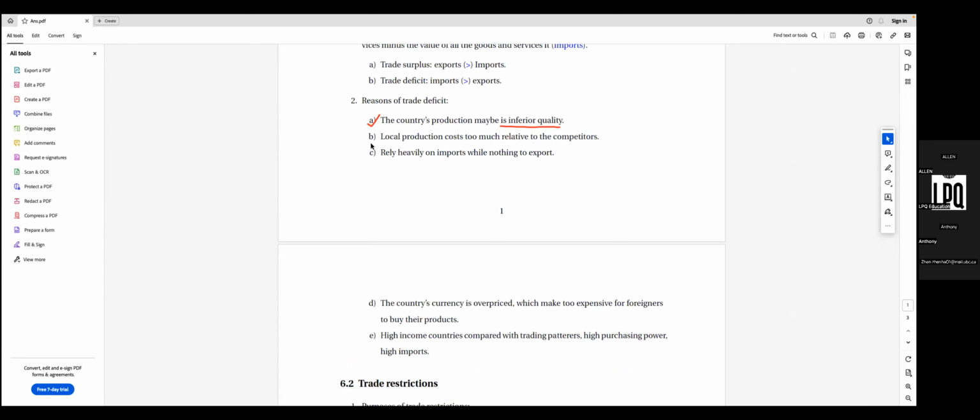Number B, local production costs too much. This is a reason why the USA finally turns out to be a trade deficit country: local production costs too much money.